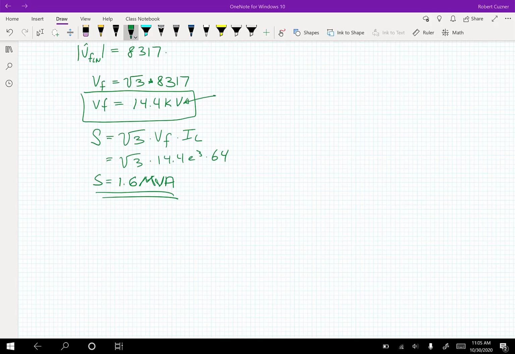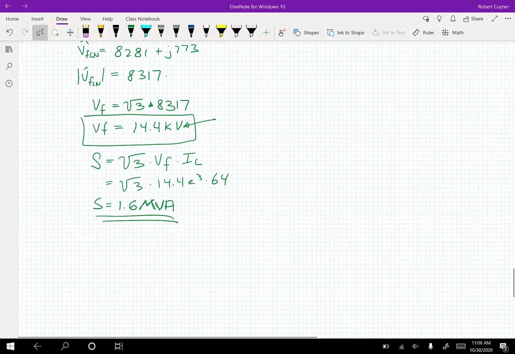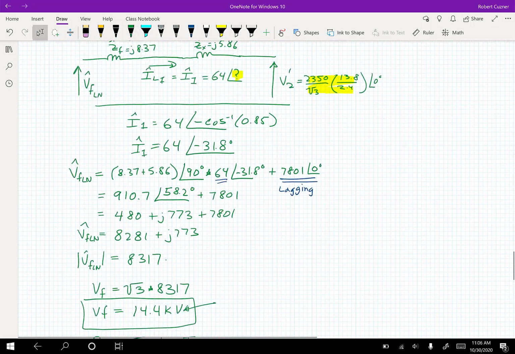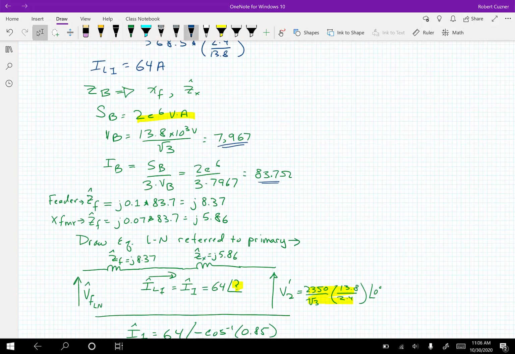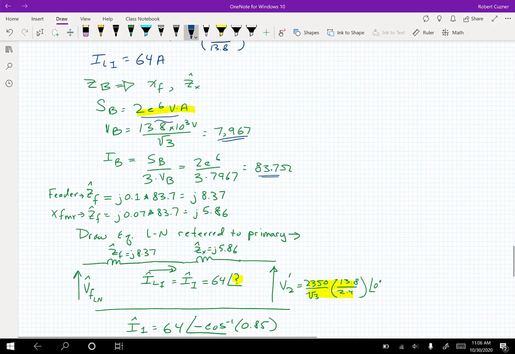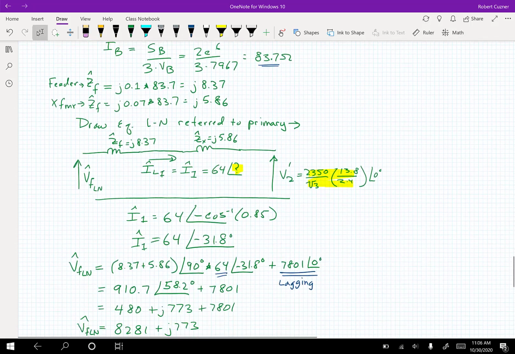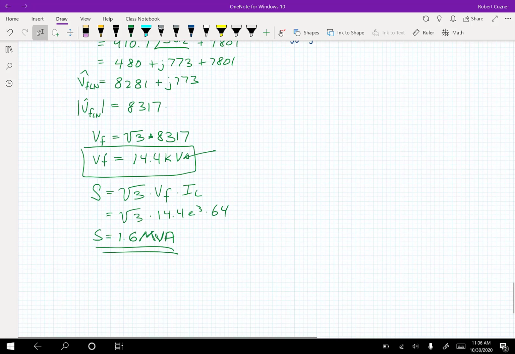So the total load seen by the feeder is 1.6 MVA. And there you have it. Notice that that power load is another check. It's lower than the transformer rating. So again, things are lining up pretty well here.